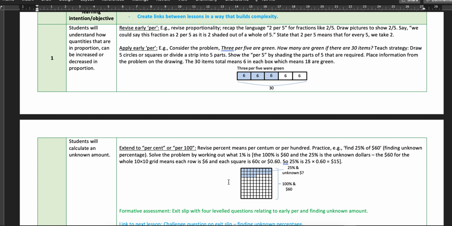You can see already across those first two parts of this lesson how they are logically sequenced. I wouldn't start by teaching students percent and then go back and talk about revising per. So, already we're seeing a logical progression of ideas, and it also builds in complexity.